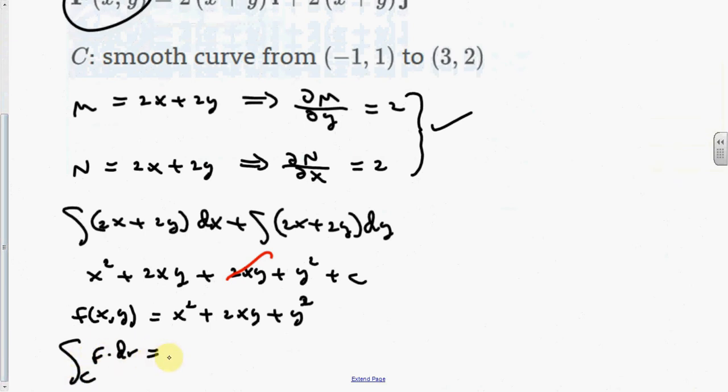So we compute the line integral evaluated at the potential function x squared plus 2xy plus y squared, evaluated from negative 1, 1 to 3, 2. Basically, we evaluate at the top, so x is 3, y is 2.